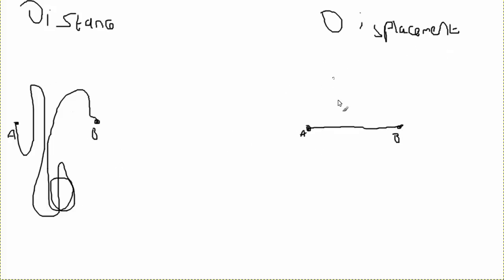So displacement represents the shortest distance between 2 points, whereas distance is basically anything you say it is. This could be like 100 meters, that could be 1,000, but there's still only 100 meters between them in that direction.